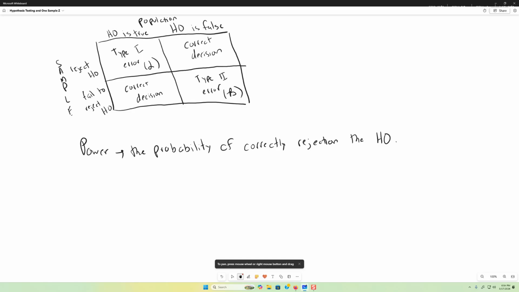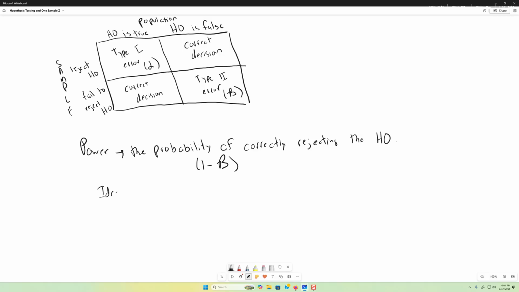And power gives me the probability of correctly rejecting the null hypothesis. Now, power is equal to 1 minus beta. So it's 1 minus the probability of type 2 error. That's equal to power.